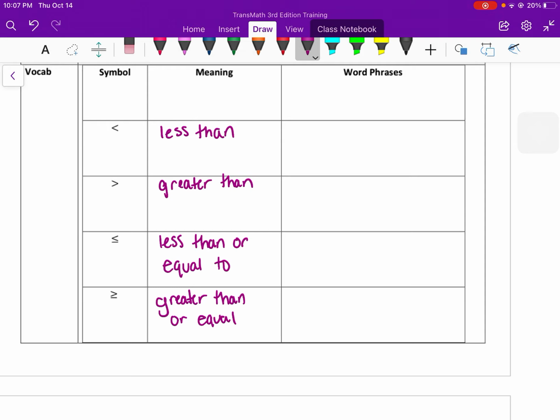So another way to say less than. And we're going to keep adding to the word phrases, but some of the words that you're going to see maybe today would be like less than. You could think of maybe as like younger than, or greater than would be older than.